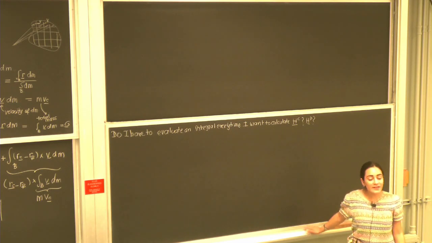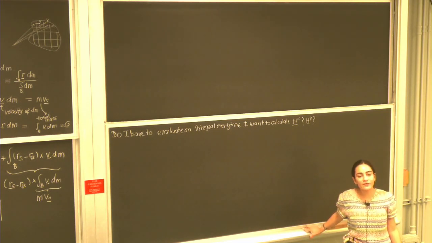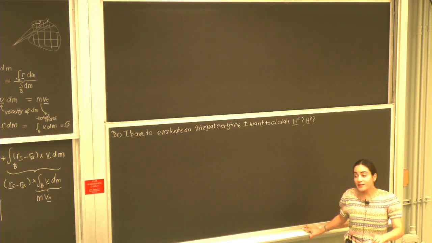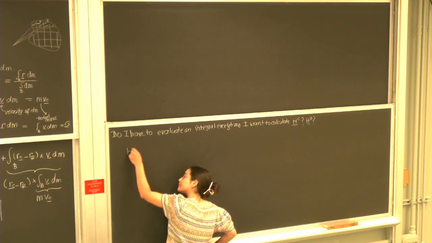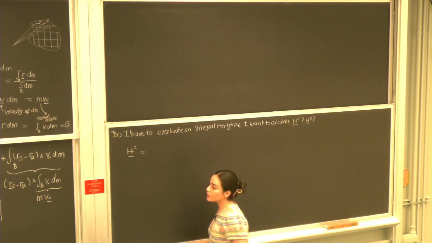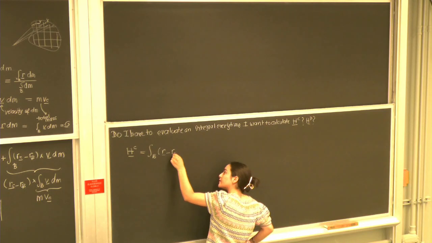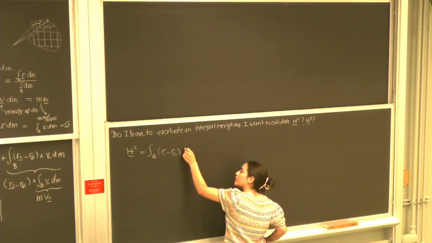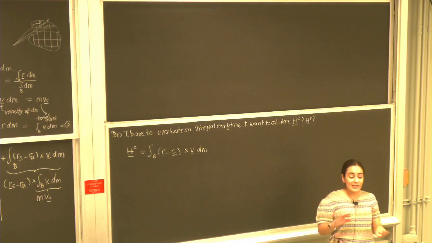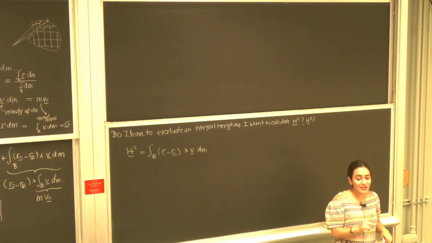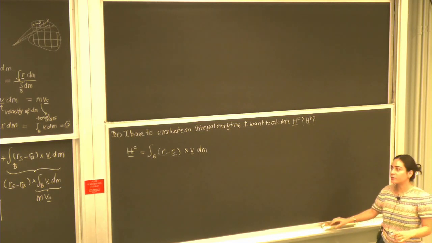And the answer is kind of. We're going to start with HC, which is equal to the integral over the body of (r minus rc) cross v dm, and try to manipulate this integral so that hopefully our answer is no. We don't have to evaluate an integral every time when I calculate the angular momentum of a rigid body.